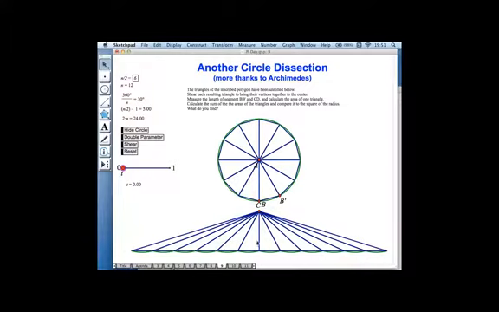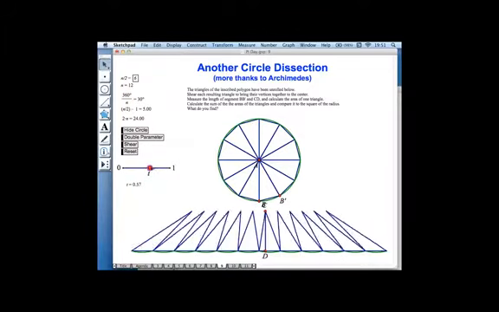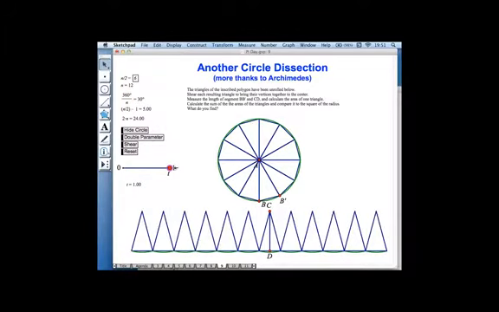And then one of the things that we know is that if you take a triangle and shear one vertex by moving it parallel to the opposite side, that shearing maintains the area.